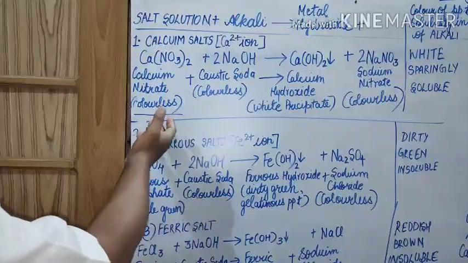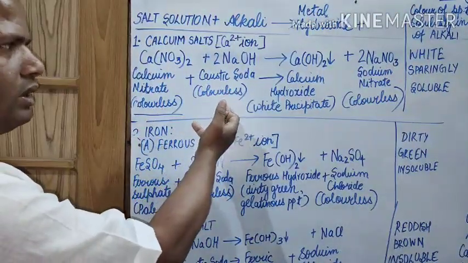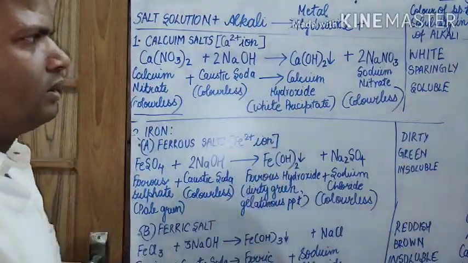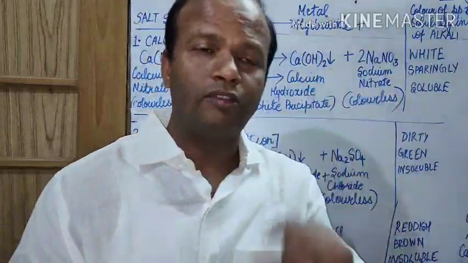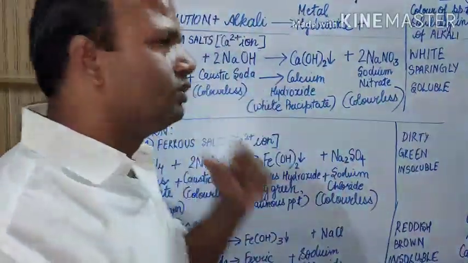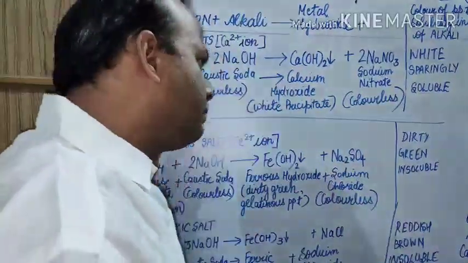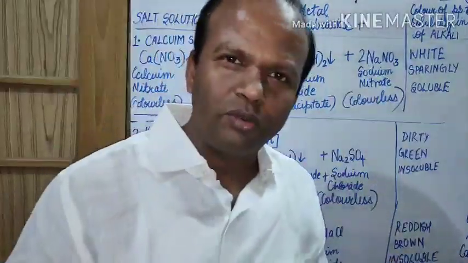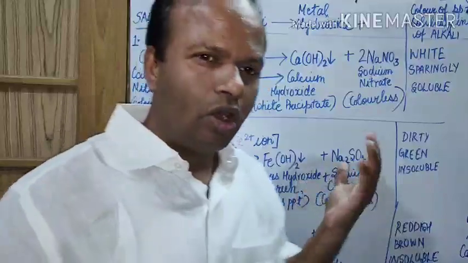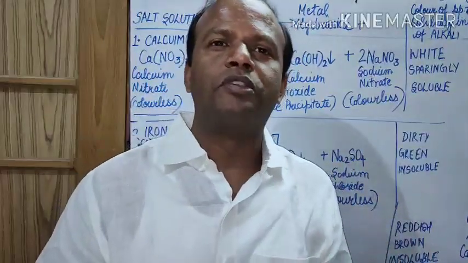So we have colorless calcium nitrate, then caustic soda, that is NaOH, and then we get a white precipitate. By this we identify that it may be Ca plus 2, it may be lead plus 2, it may be zinc plus 2. Why? Because all will form a white precipitate.